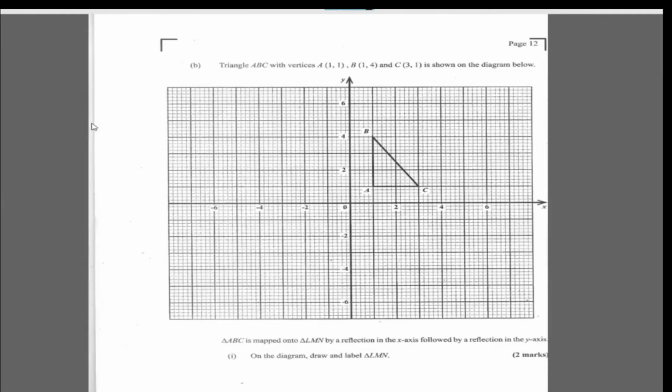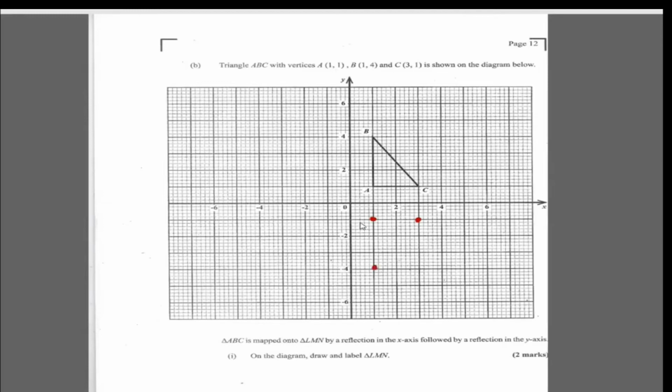It says triangle ABC with vertices A, B, and C is shown in this diagram. Triangle ABC is mapped to LMN by a reflection in the x-axis followed by a reflection in the y-axis. If they reflect it in the x-axis, this will be A prime, this will be C prime, and instead of 1, 4, it's going to be 1, -4, and this is B prime.